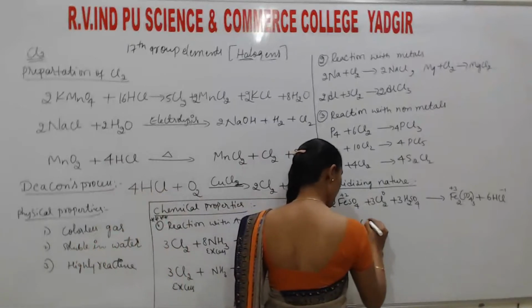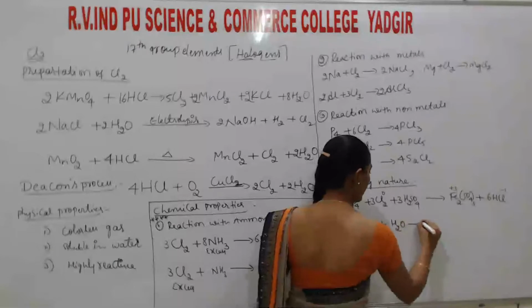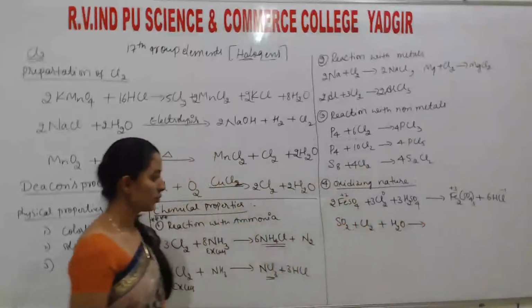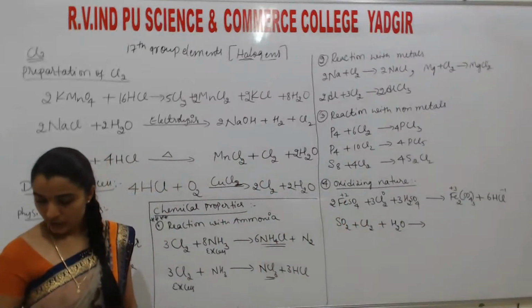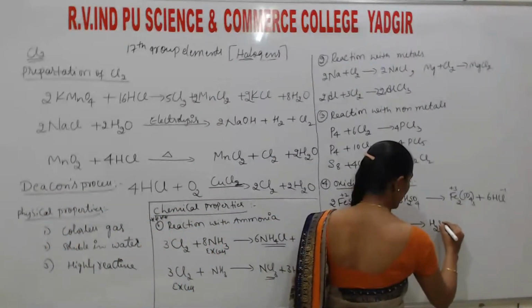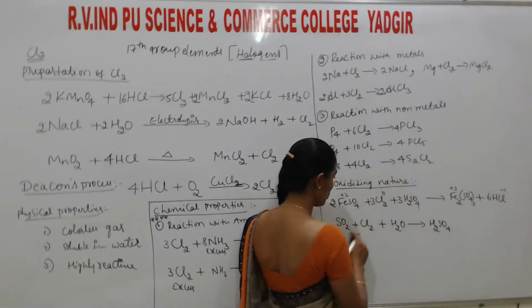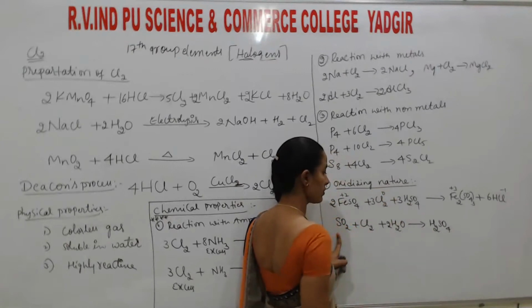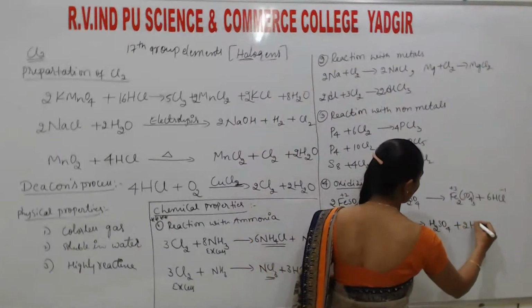SO2 when it reacts with Cl2 in presence of H2O. SO2 reacts with Cl2 in presence of H2O forms H2SO4. So students here, SO2 is there, H2O is there, for 4 moles of H we require 2 H2O. So to balance, here Cl is there, that is 2 Cl.